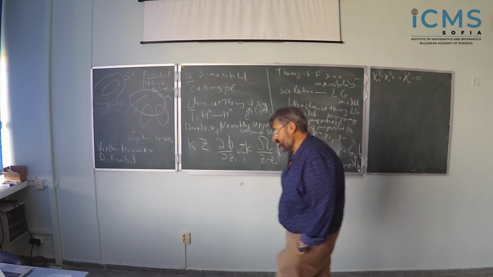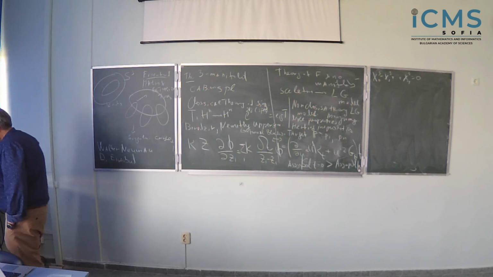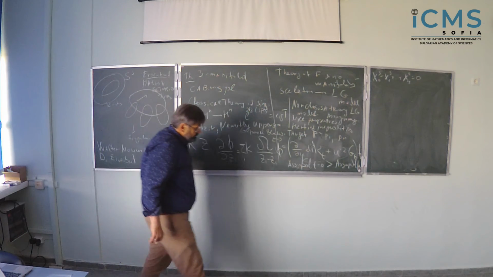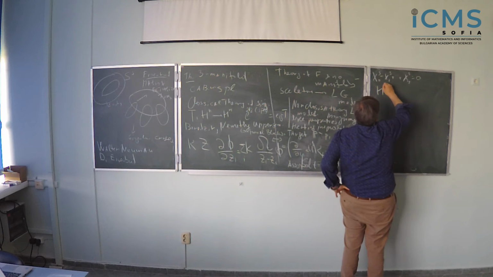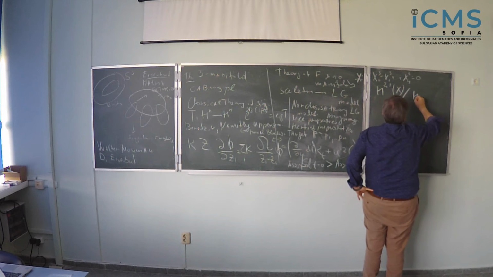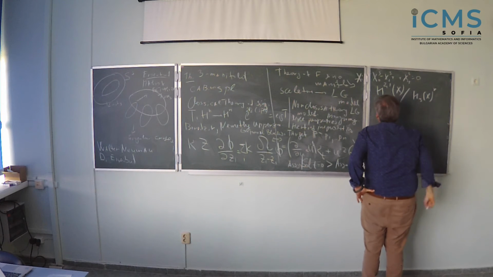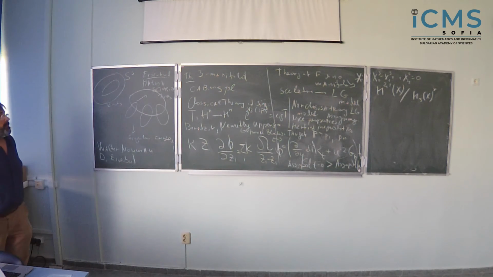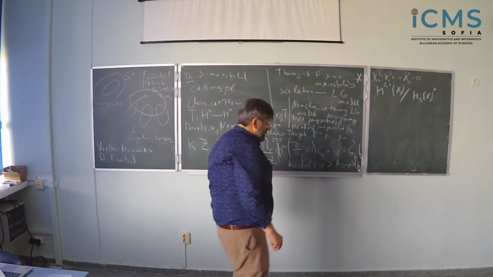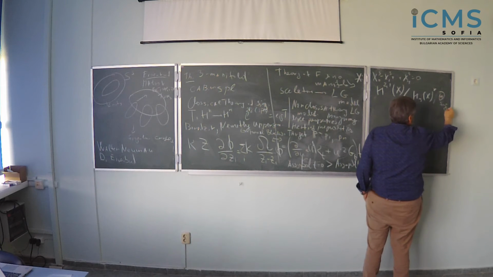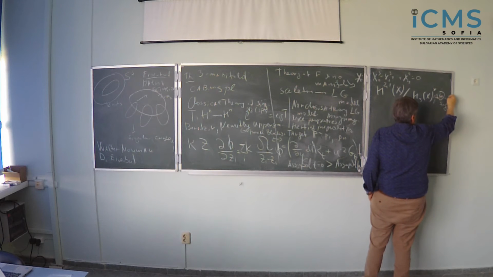Its non-rationality was proven first by Clemens and Griffiths, who computed the intermediate Jacobian of this variety and showed that it is an abelian variety, but it has a theta divisor, and this theta divisor has too small a codimension of singularities. The codimension of the singularities in this case is equal to 5.